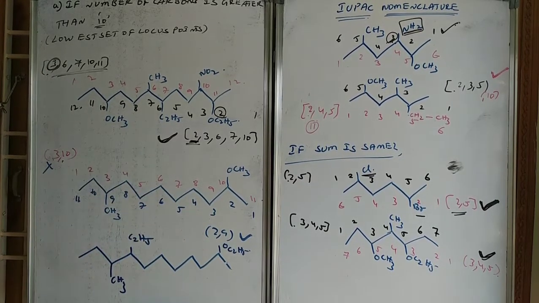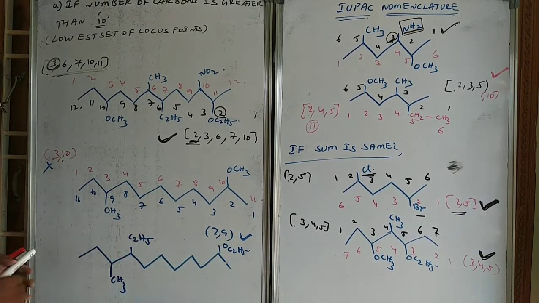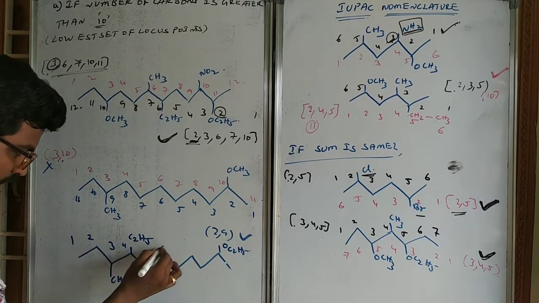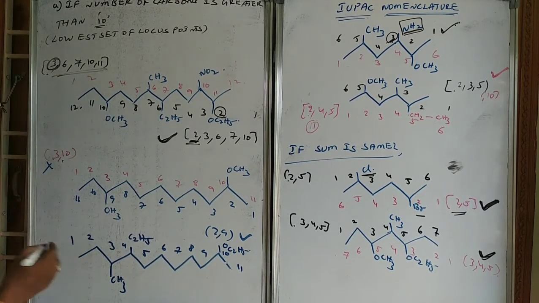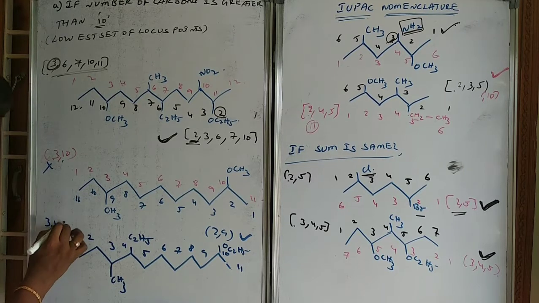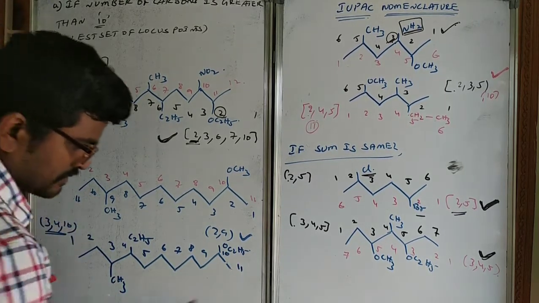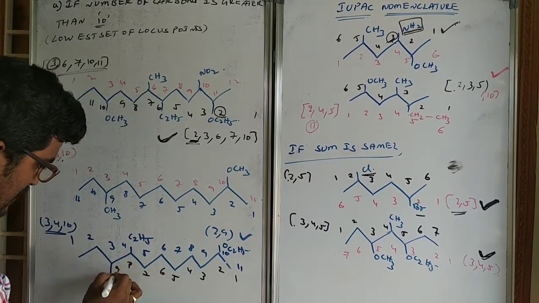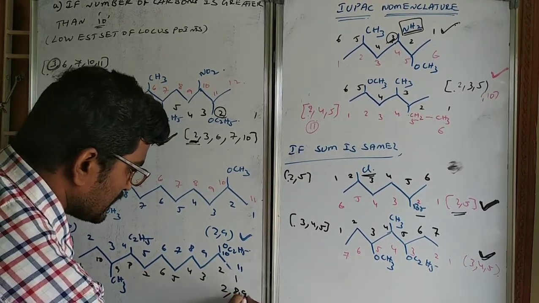So if you see this compound here, it is following lowest sum also. But for this compound, if you number from this side, 1, 2, 3, 4, 5, 6, 7, 8, 9, 10, 11, the set of locus points will be 3, 4, 10. From the other side you number 1, 2, 3, 4, 5, 6, 7, 8, 9, 10, 11, it will be 2, 8, 9.